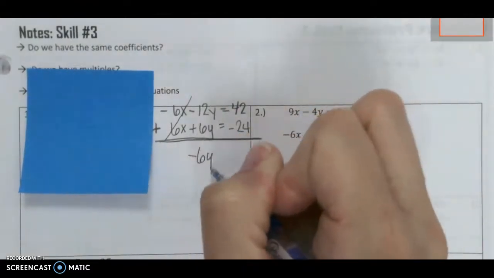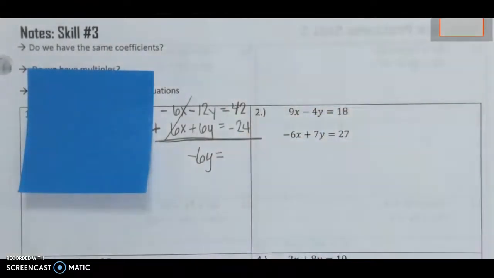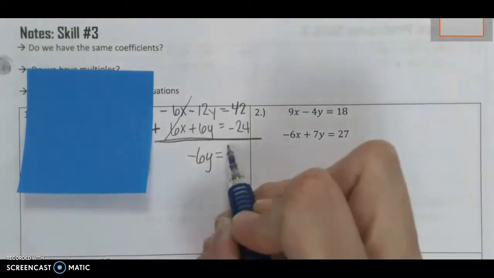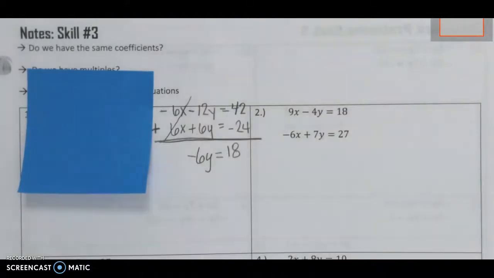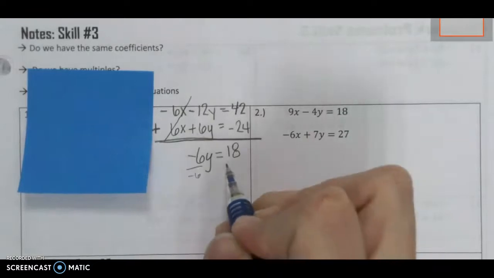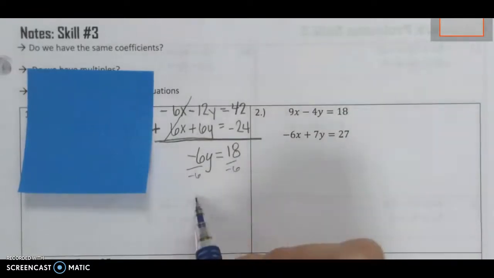Use your calculator. 42 plus, we're adding here, so 42 plus -24 is 18. Divide by -6, and y is -3.